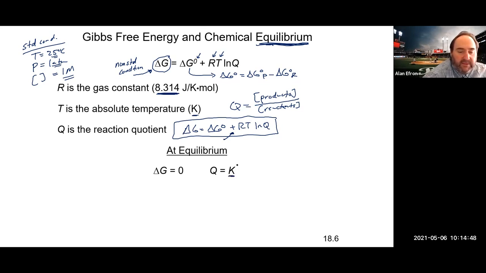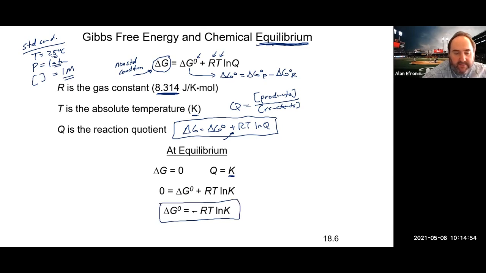And rearranging the top equation gives us another delta G equation here, where delta G naught is equal to minus RT natural log of K. So these two equations are built off of each other. And you could add that to the other delta G equations that we had, and basically this guy, right?